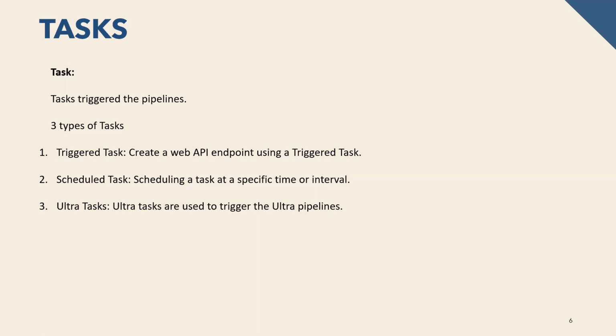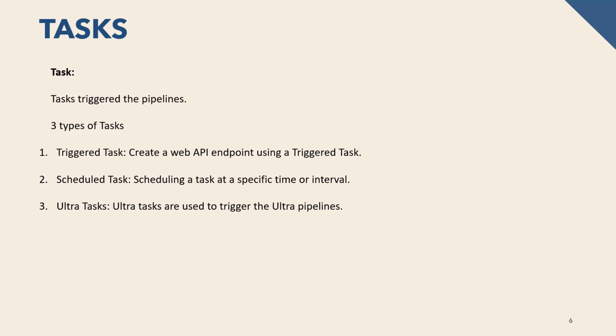In that case, we can expose our pipeline as a REST API and get an endpoint. We give that endpoint information to the external applications, and they call our APIs, especially our SnapLogic pipeline. In these scenarios, we can go with the trigger task.